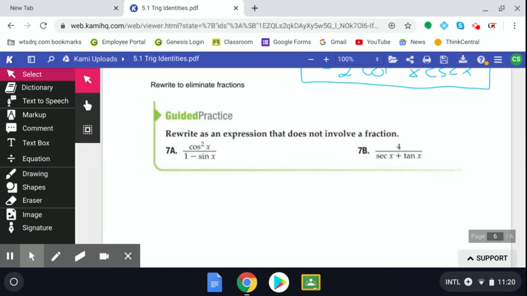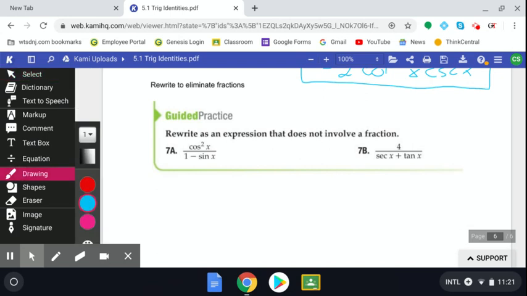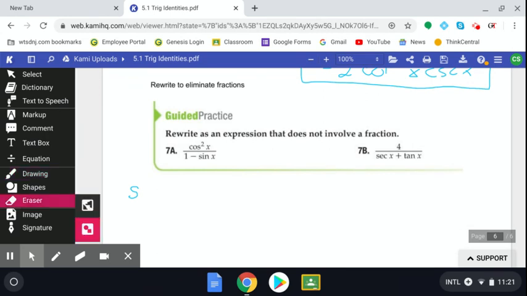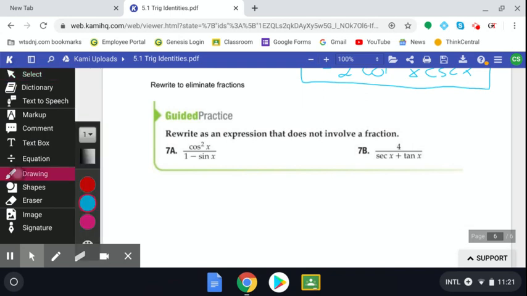I know that cosine squared theta is equal to 1 minus sine squared theta, because sine squared theta plus cosine squared theta equals 1. The reason I do that is because I want to get sine on both top and bottom and hope that I'll be able to cancel out something along the way.